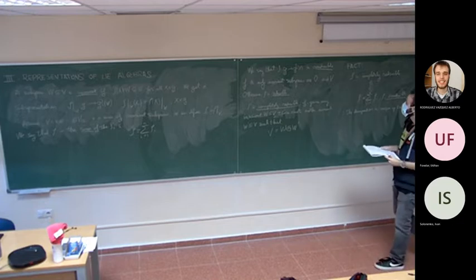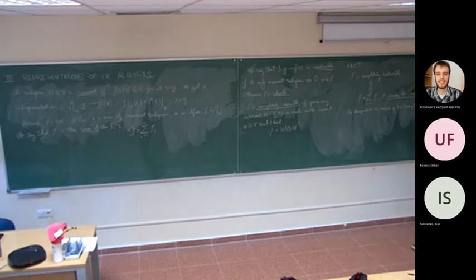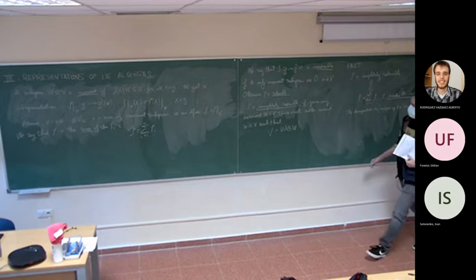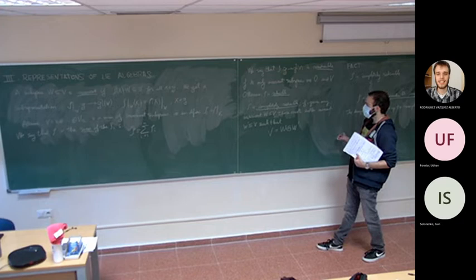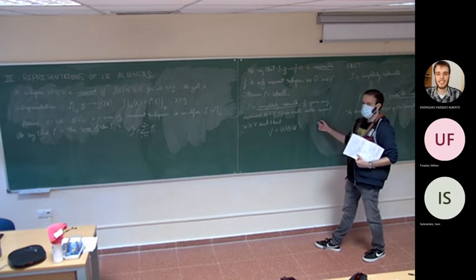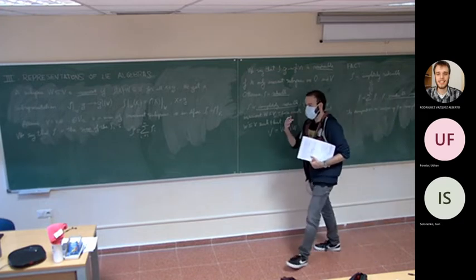Okay. So for example, we saw in the first lecture, if I recall correctly, the definition of these reductive Lie algebras. Maybe you noticed that the reductive Lie algebras are precisely those for which the adjoint representation is completely reducible. Okay. So just to have an example in mind.